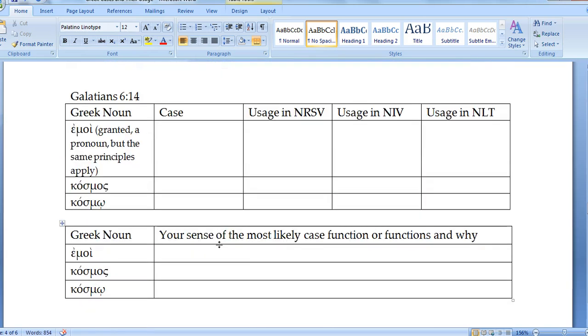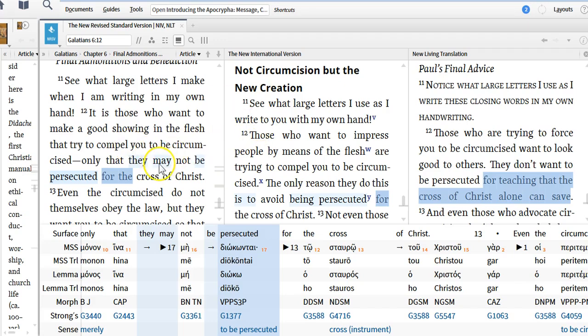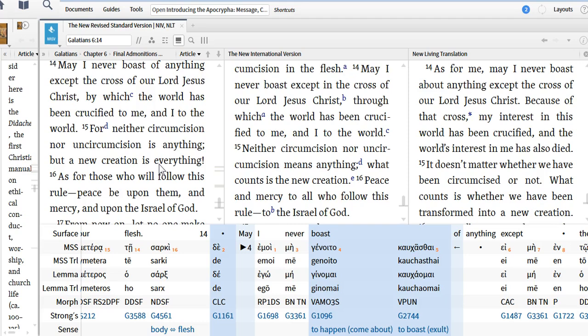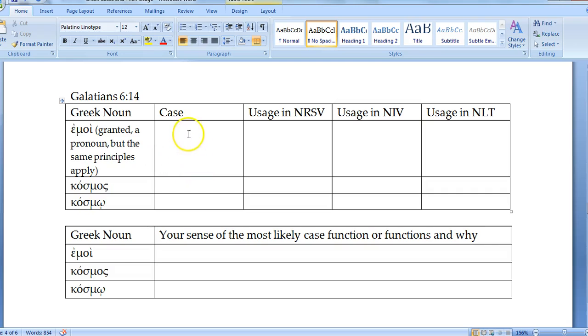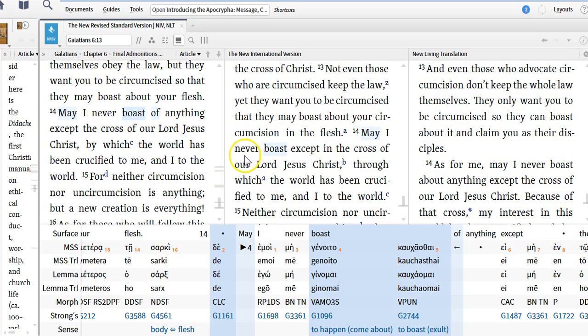And then I ask you to skip to Galatians 6:14, where I ask you to look at the usage of three dative case nouns. That's not accurate either. I must be getting tired. Two nouns in the dative case and one in the nominative case.